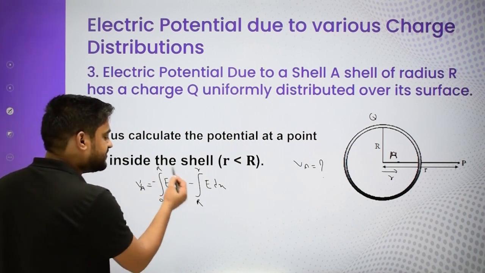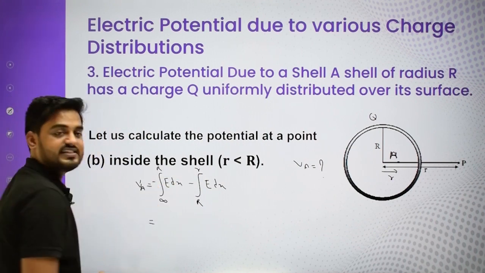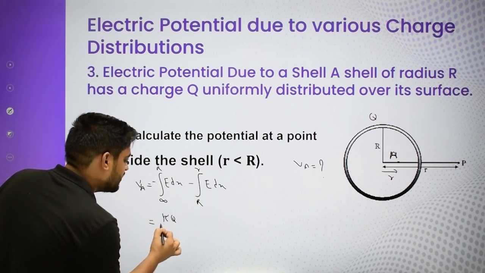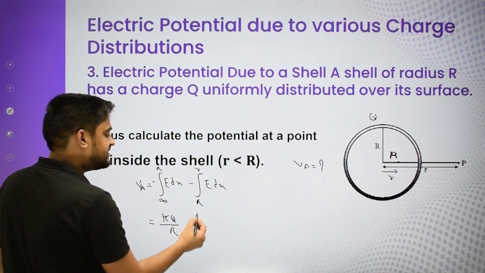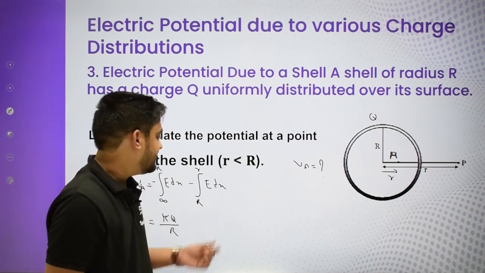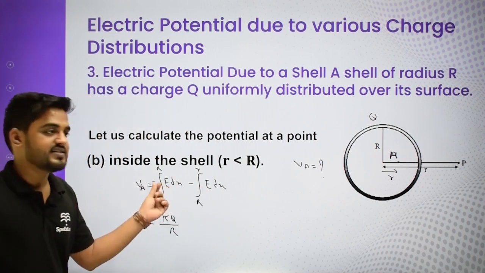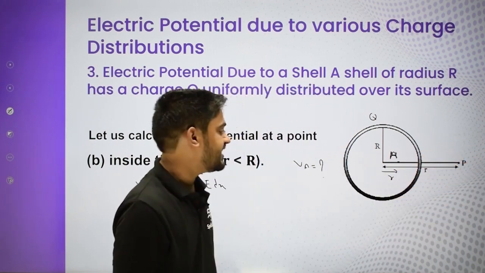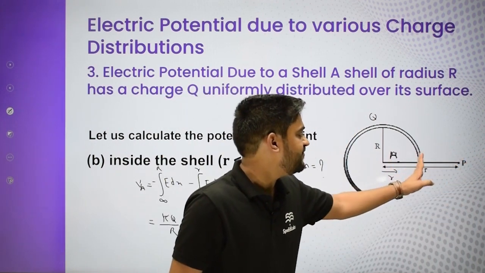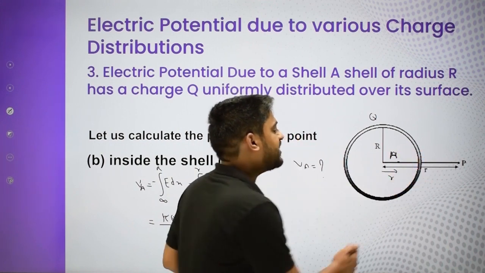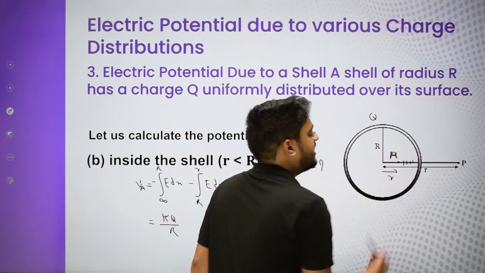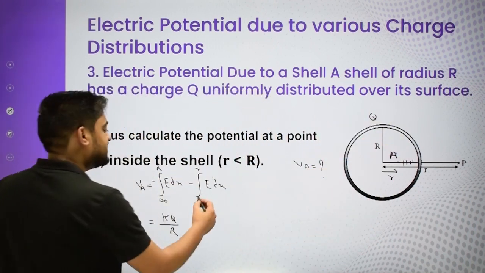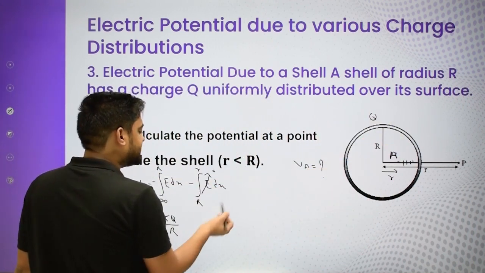The first part is the same thing we were doing in the previous case, so we get kq by capital R. What about the second? Here, this E was kq by x squared, because we were talking about a point outside. But when we are integrating from capital R to this point, I have to write the electric field in this region, and the electric field inside a spherical shell is nothing but 0. So when I integrate this, I'll get 0 only.